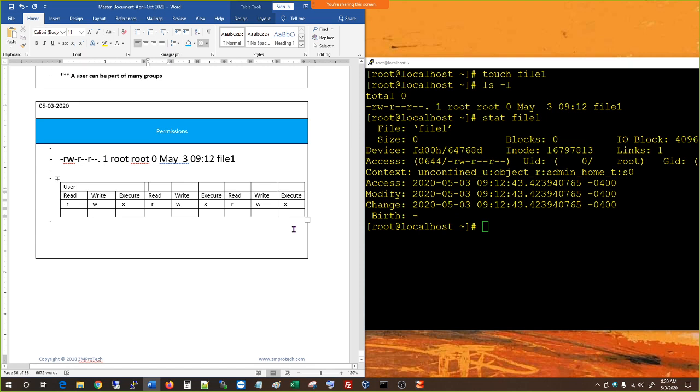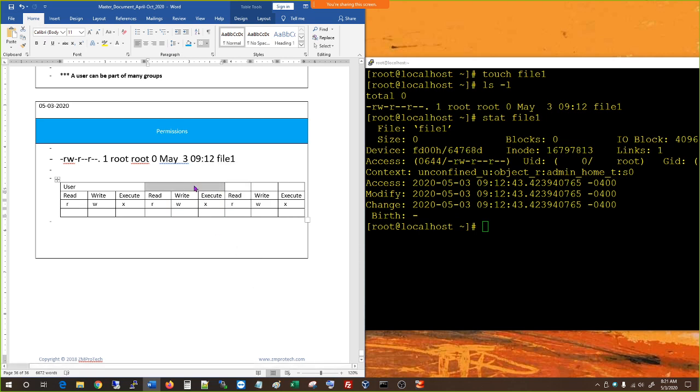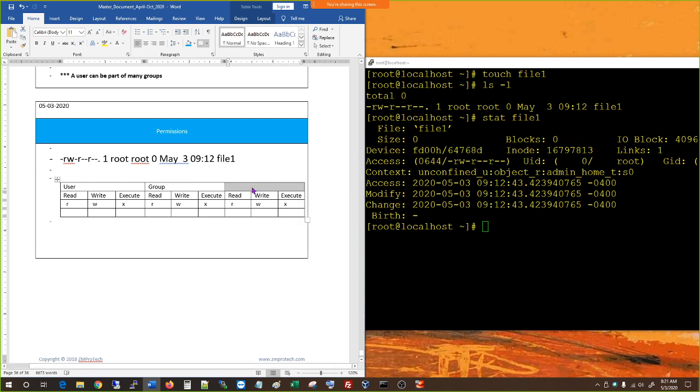And then this part belongs to the group. And then the last three parts belong to others, other users. Okay.